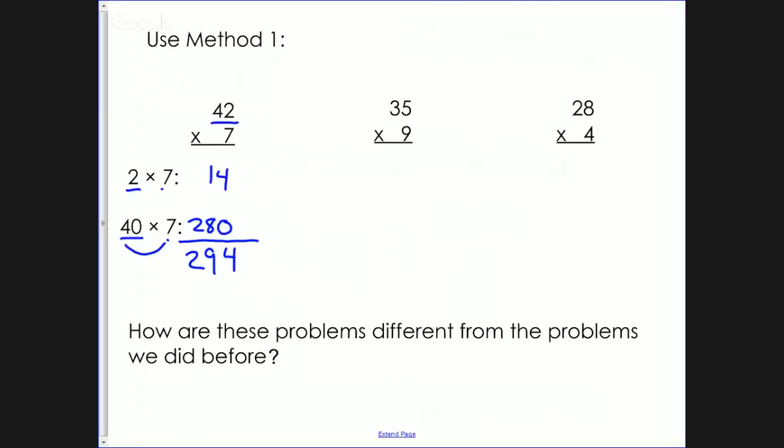It says, how are these problems different from the problems we did before? Well, if you notice, the problems we did before did not have a number in the tens column. So when we did our multiplying before, when we would multiply these two numbers, they would be small enough that the answer would only produce a 1-digit number, such as 6 or 8 or 9. But in this case, we actually have a 2-digit number.